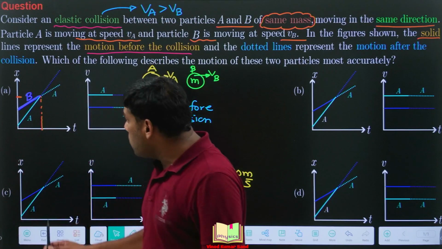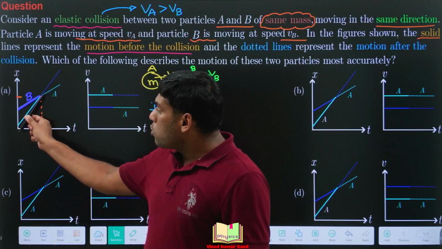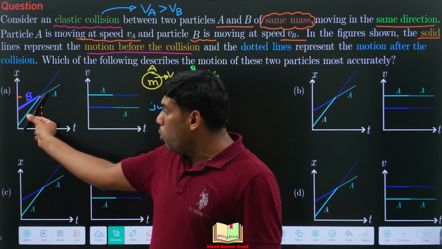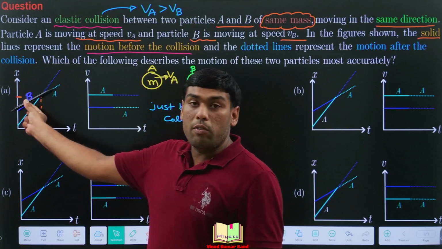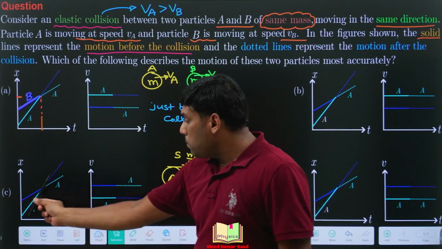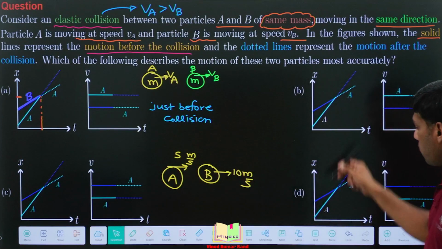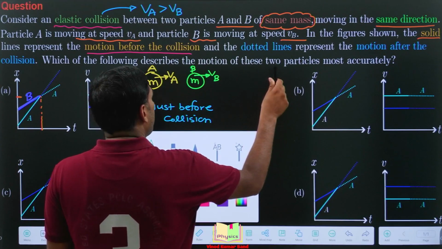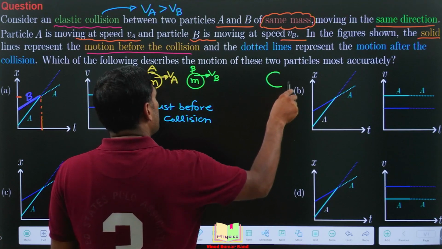And if we look at all the xt graphs, the slope of the xt graph gives the velocity. So VA is more, it has more slope. Comparatively, VB is less. Similarly, we can see in all the graphs, A has more slope. Now making the diagram after the collision.